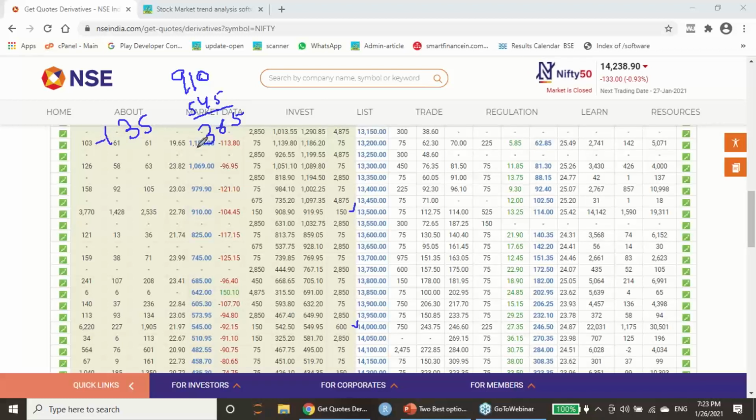My profit I can get is 365, meaning if Nifty falls below 13,500 I can enjoy 365 points of profit. If Nifty never falls below 14,000 and stays above it, by expiry... I'm not going to hold this strategy till expiry.